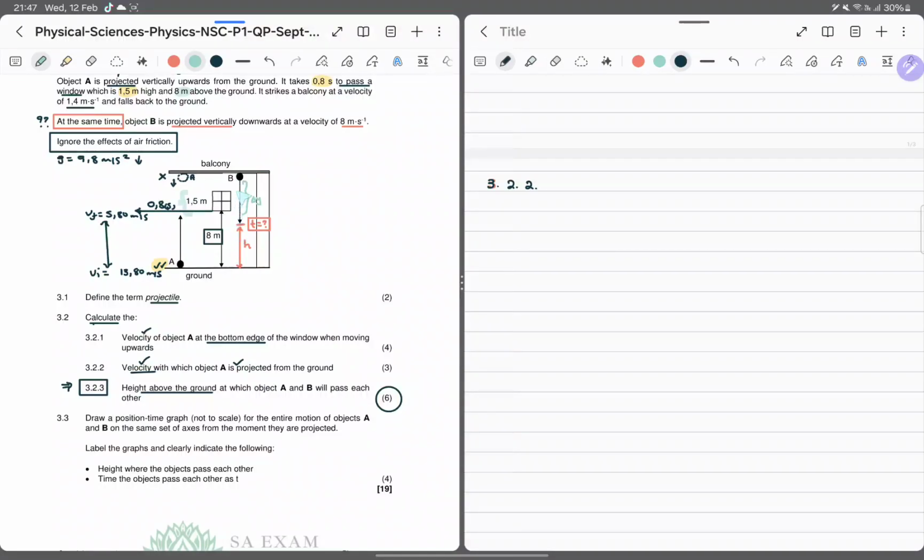But for ball B, it's going to be a bit complicated because we need to consider the height of the balcony above ground for that. So we can call this one H. Maybe let's call this one H1. Therefore, this becomes H2. But the question is on H2. H1 is just a means to an end.